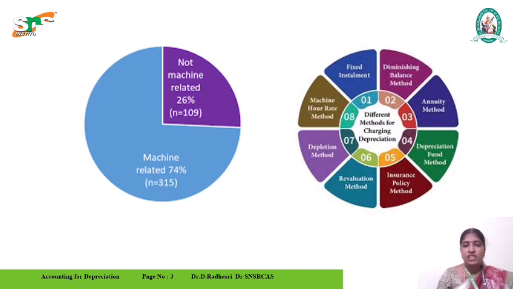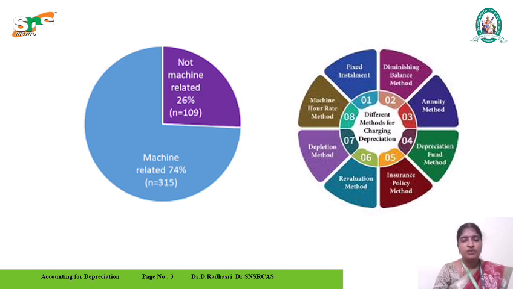Fixed allocation and diminishing balance methods are also calculated in the machine hour rate method. The depletion method takes place by the revolution of the goods, along with the revolution method, the insurance policy method and the depreciation fund method.